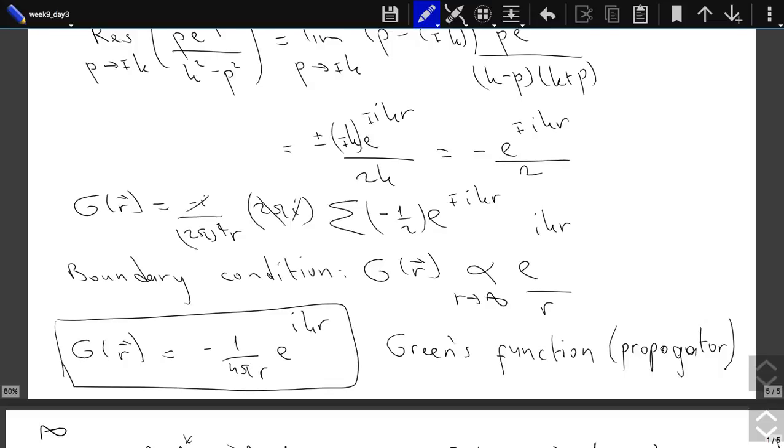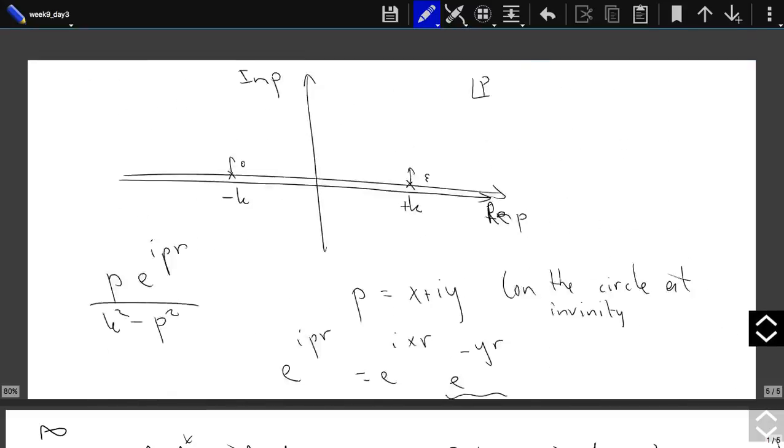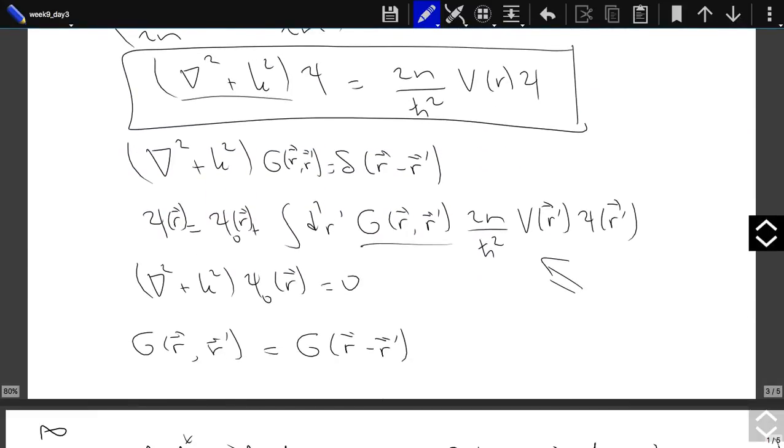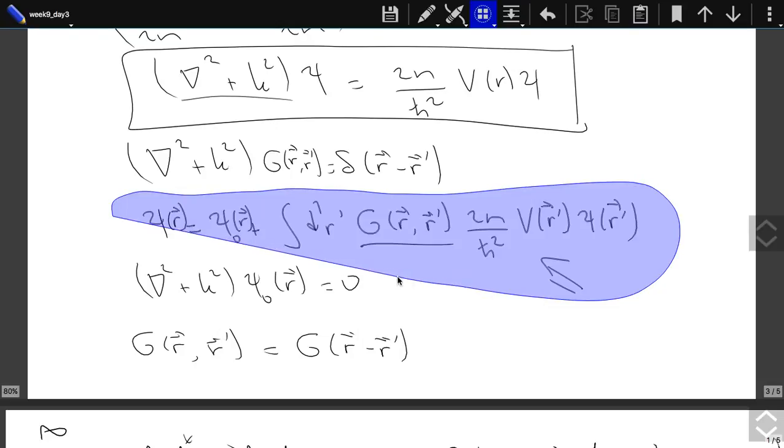So now we have our integral equation. You see, this was our solution, the general solution we had.